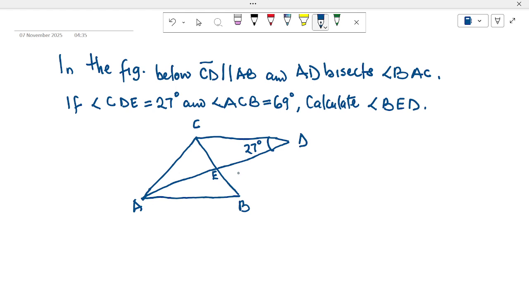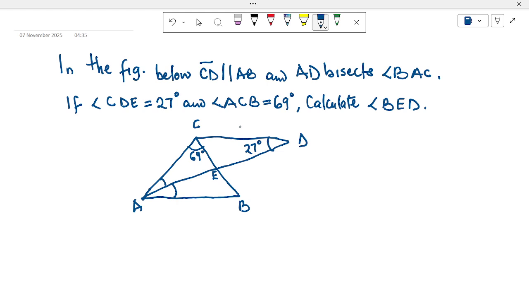And the question says angle ACB, that is this angle, is 69 degrees. And we have a mark like this, signifying that this angle is equal to this angle.